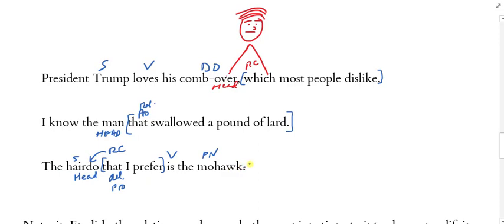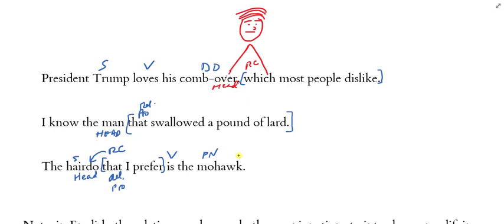Because relative clauses are clauses, they'll have their own verb, their own subjects, their own direct objects if they take direct objects, prepositional phrases and adjectives. You have to make sure that you keep the relative clause all together and that you don't try to mix constituents in the relative clause with things in the main clause.